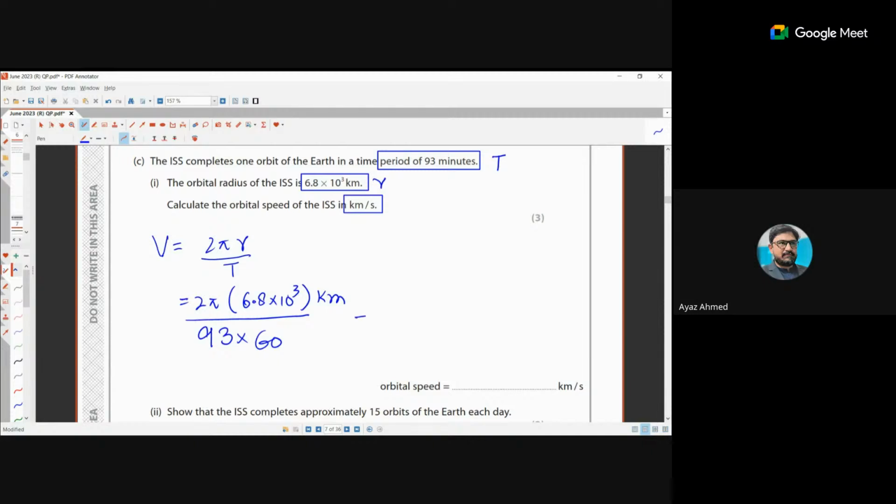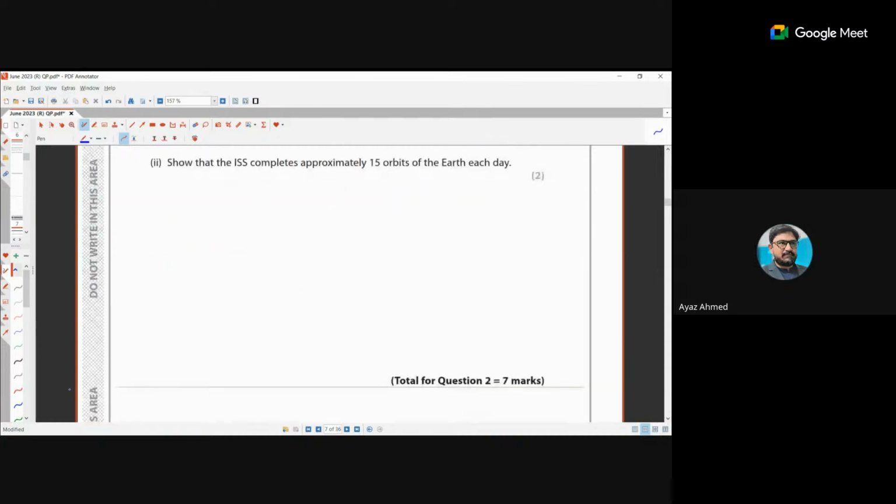So its orbital speed is 7.66 kilometers per second. I have to round it to two significant figures, so that is 7.7 kilometers per second. Is this clear to all? I hope that it would be a very easy question.